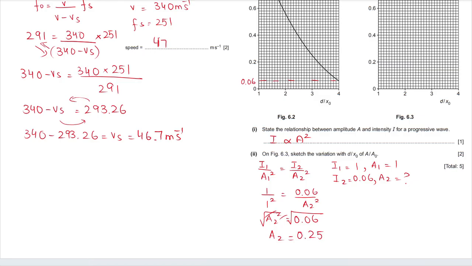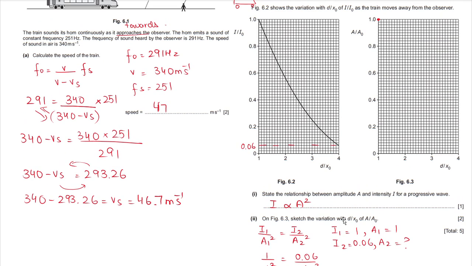So this means that when the distance is 4, at that time the intensity was 0.06 but the amplitude will be 0.25. So 0.3 is here, 0.25 is here somewhere, so it is here. Okay.